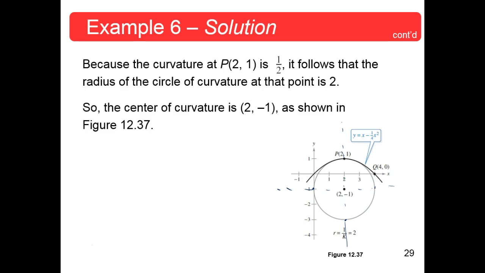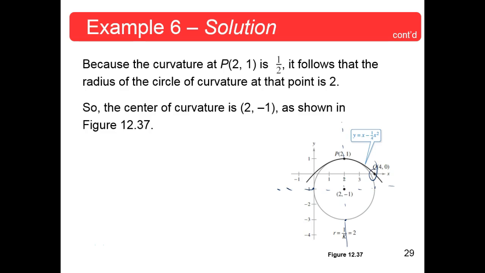And because this is where the parabola bends the strongest, at the vertex, that's going to be the largest curvature you've got, 1/2. Everything else from here on, and they make a suggestion to you, try doing it at 4, 0, which is this point over here, and if you do the curvature there, you'll see it's going to be much, much less.